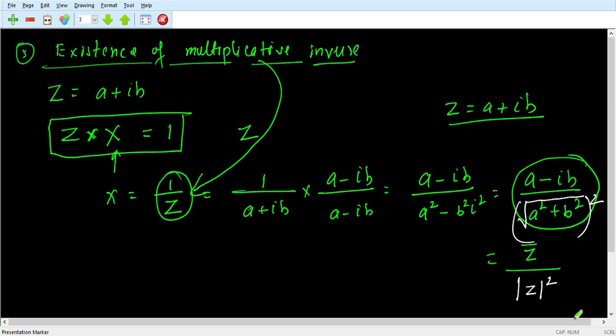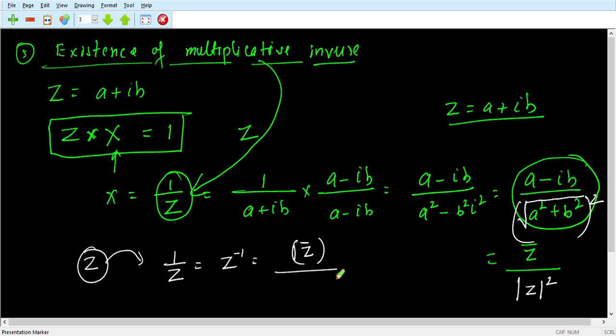So the multiplicative inverse of a complex number z will be 1 upon z, and the value of 1 upon z will be the conjugate of z upon mod of z to the power 2. So this is the idea which we are going to use further to divide two complex numbers.